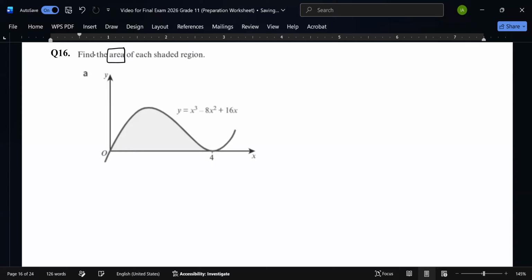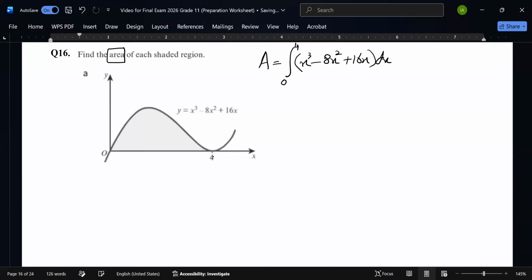So it means to get the area, we are integrating this equation: x cube minus 8x squared plus 16x. After the integration, we will apply the limits 0 and 4.